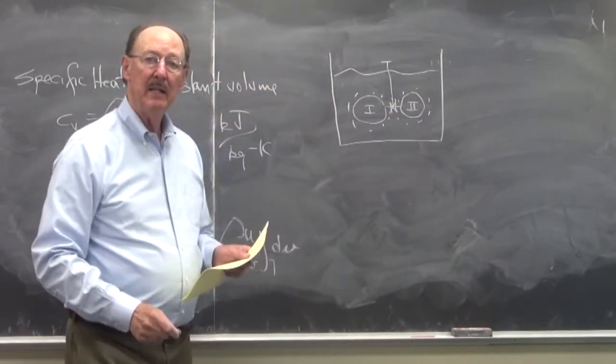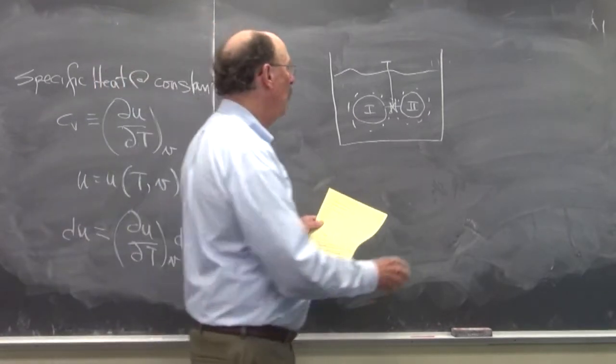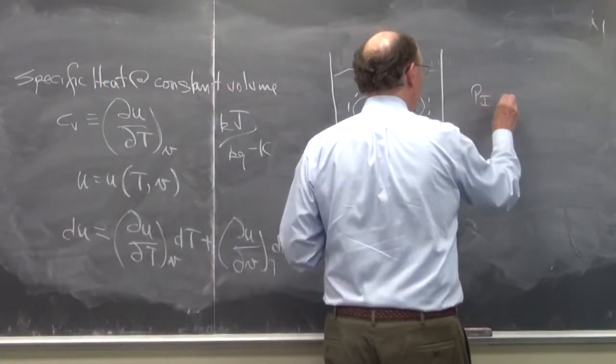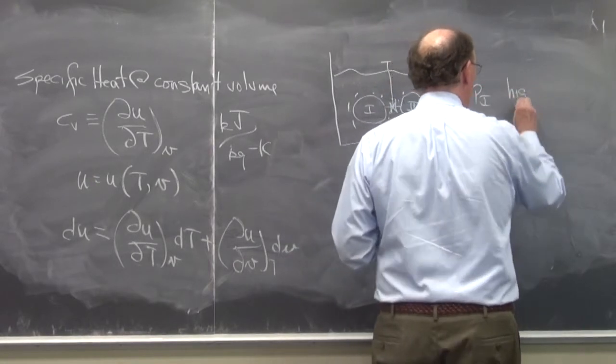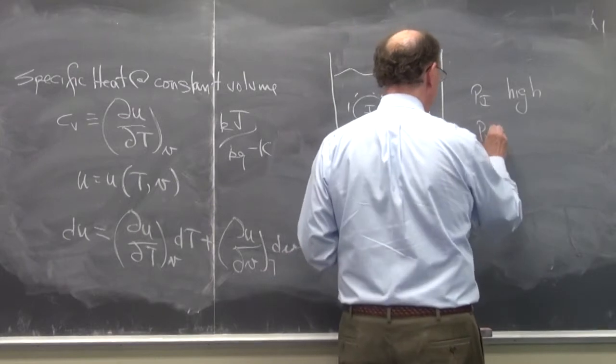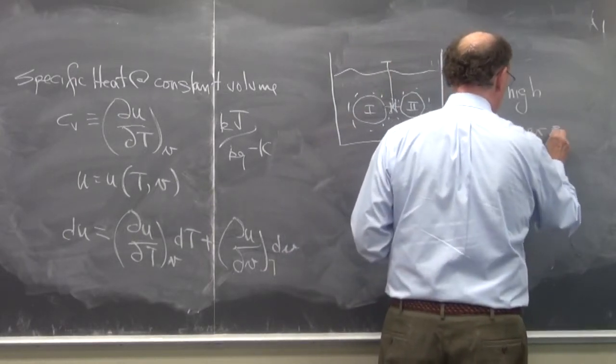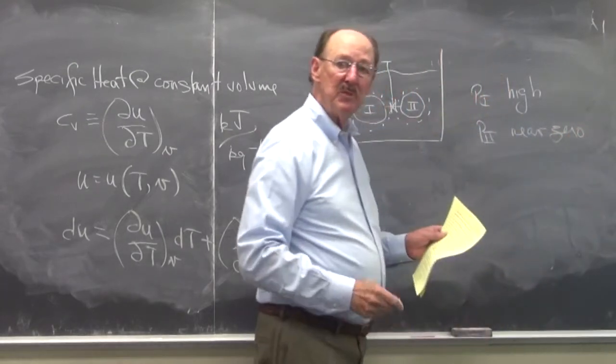So the spheres 1 and 2 comprise our system. P1 is high, so it has a high pressure in it, and P2 is near 0. So it's a vacuum.